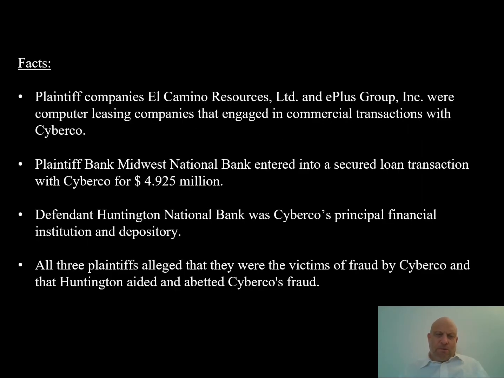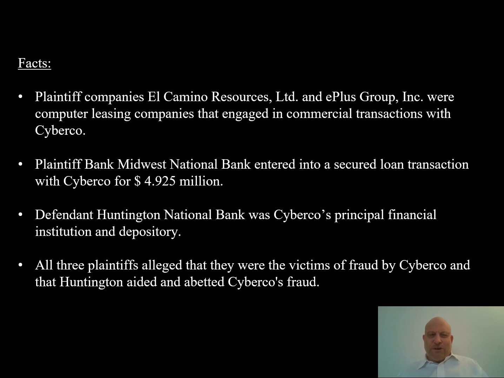All right, so basically this involved a gigantic fraud by an entity called Cyberco. It was eventually put into involuntary bankruptcy, but at first it was out of bankruptcy. Cyberco was involved in computer leasing and basically stole money from banks and from other folks.